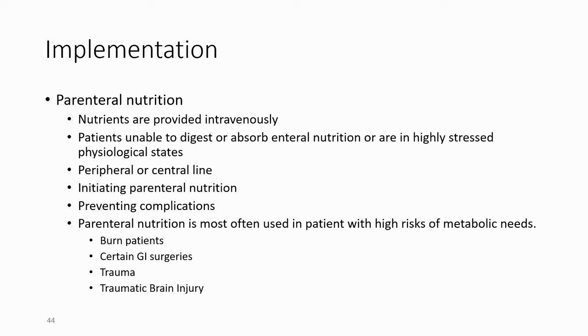So these are patients that cannot digest or absorb any nutrition within their GI tract, or they are in such a high metabolic need that they need this additional intravenous nutrition.